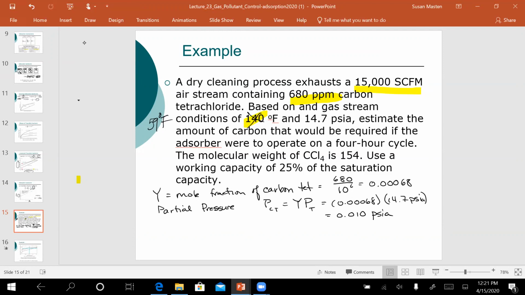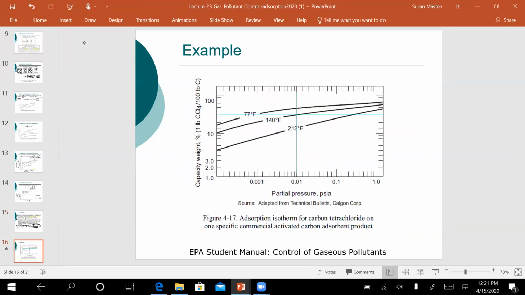Okay. We need to determine the capacity of the carbon for carbon tet, and we can use this figure here, and all the figures are from the EPA student manual that is posted on LONCAPA in your reading. So we have 0.01, we read up and across, and that is roughly 45%.